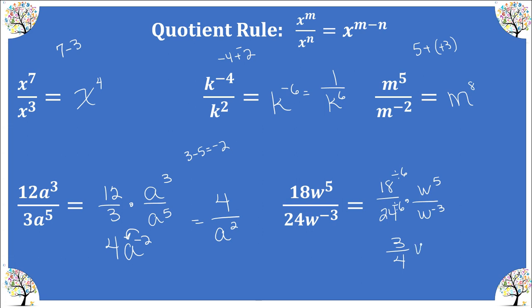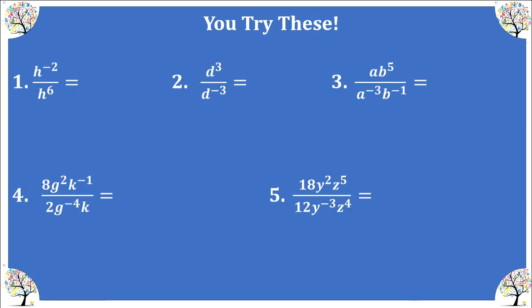Then we have a factor of w. 5 minus negative 3. Keep, change gives us positive 8. So you probably will see it written as this, as your final answer. Okay, pause the video and then you try these, and then we'll come back and go over them together.